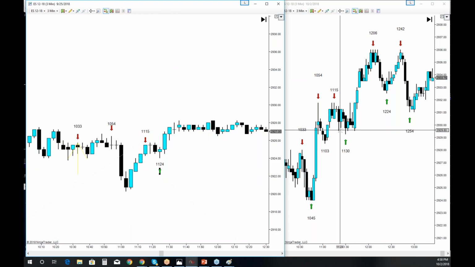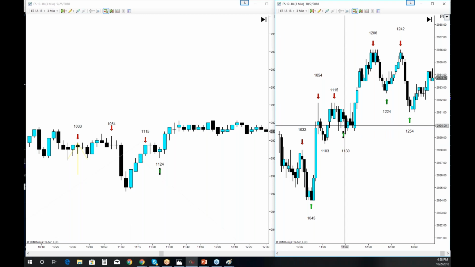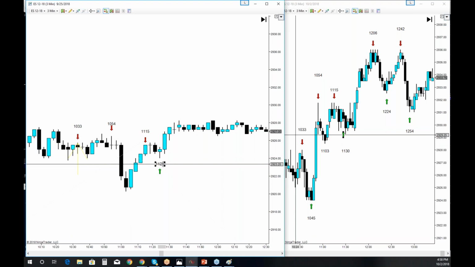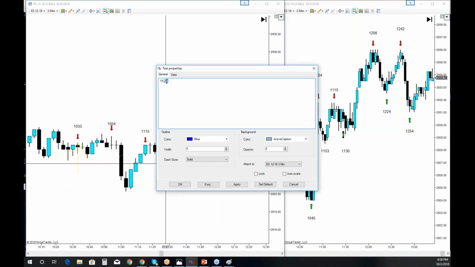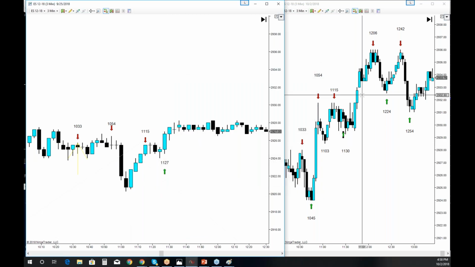If I adjust 1124 right here, I'm in a better position if I average it down to 1127. But I know there's a turn right around this time. Somebody comes in and tries to drive it back up again.